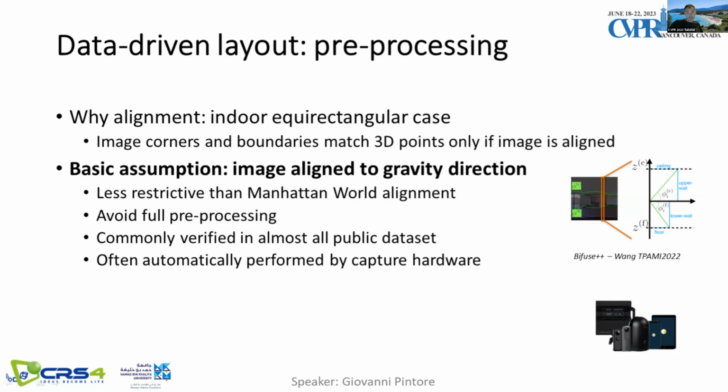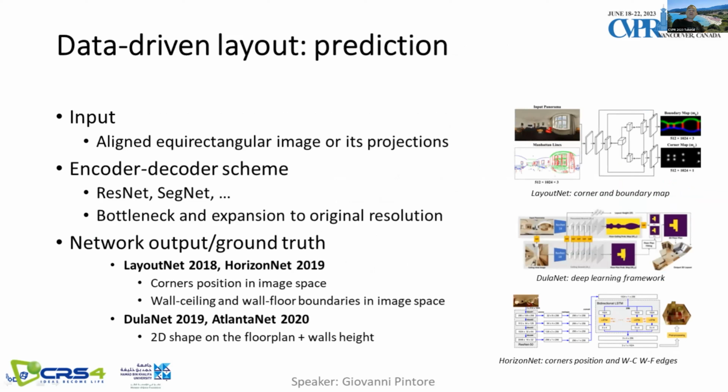Starting from this preprocessed image, a common deep learning pipeline is here. We have several examples, and we expect as input an already aligned image, so an equirectangular image, for example, or the ceiling or floor projection. The network scheme is the typical encoder-decoder scheme where a contractive part reduces the image to a bottleneck.